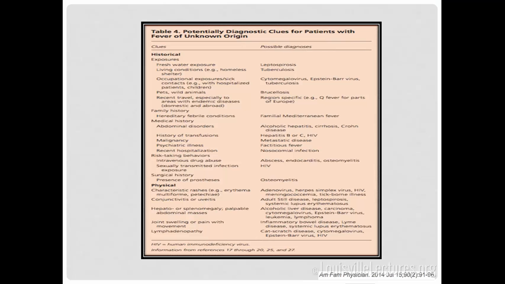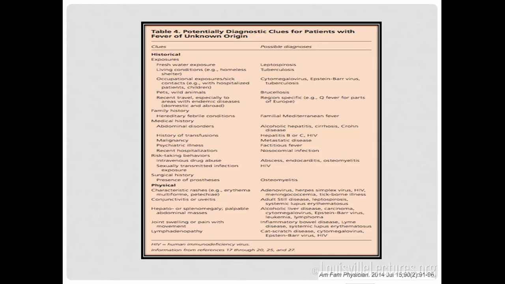And this, it's hard to see, but this is just a table giving you certain clues as to what you would think of. So, for example, if you have a history of freshwater exposure, or people who are homeless, or are walking around barefoot, you can think of leptospirosis.